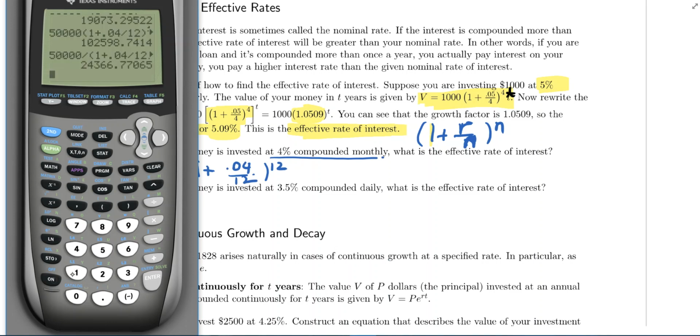So it's 1 plus 0.04 divided by 12 to the 12th power, and it's 1.0407.